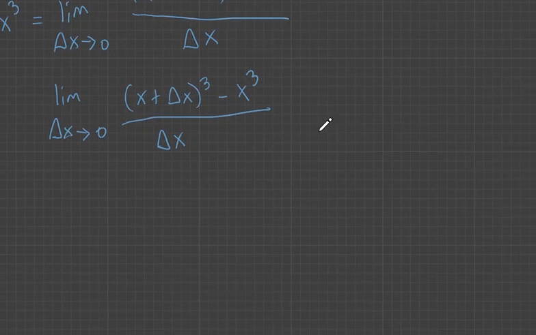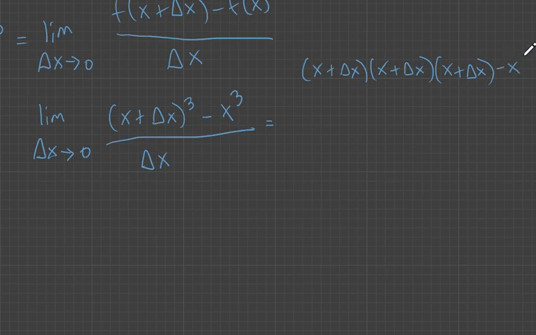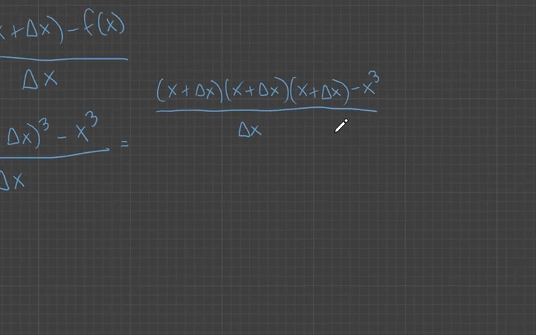Now, expanding this one out is a lot, but if we look at it, it is x plus delta x times x plus delta x times x plus delta x minus x cubed, and that's over delta x.